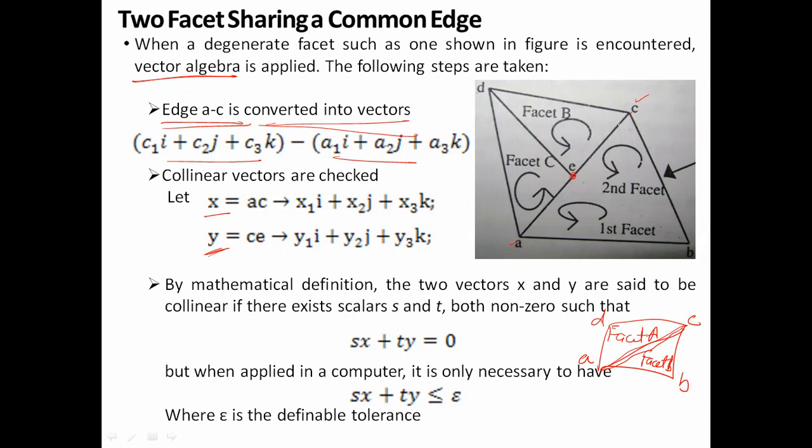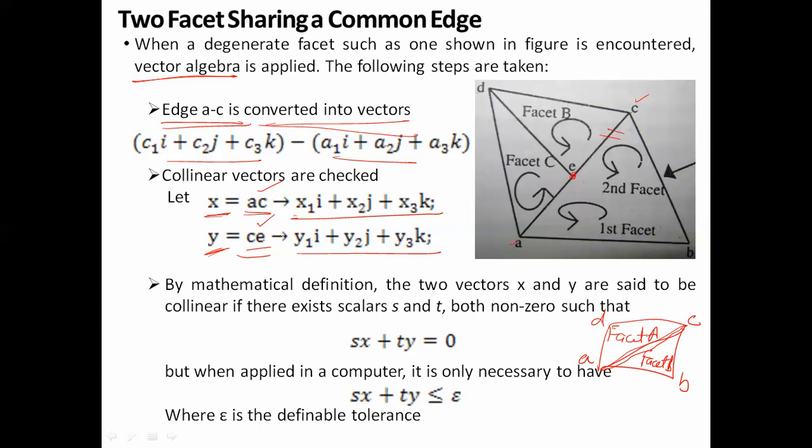The vertex has to be placed on this shared edge, and the line EC or CE is now utilized. To define these, AC is equal to x1i plus x2j plus x3k, and y is equal to CE, that is y1i plus y2j plus y3k. So we are defining AC in vector form and CE in vector form.